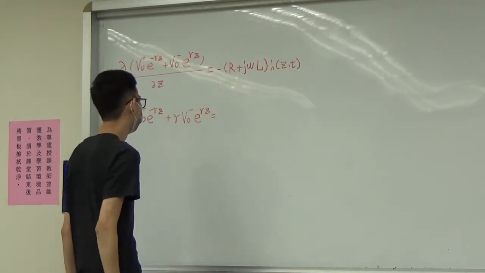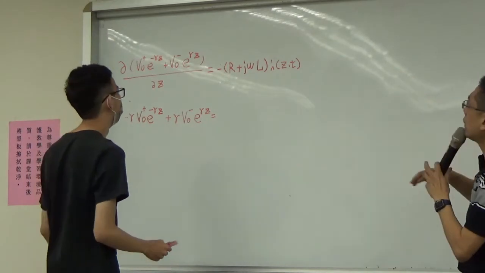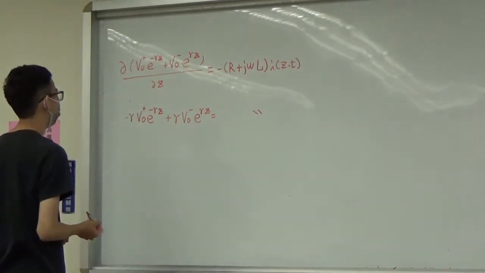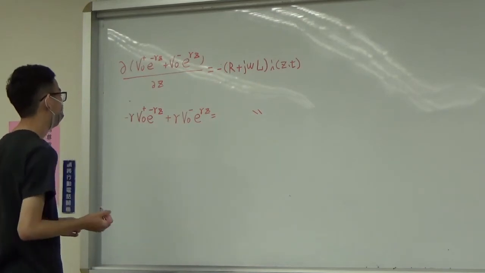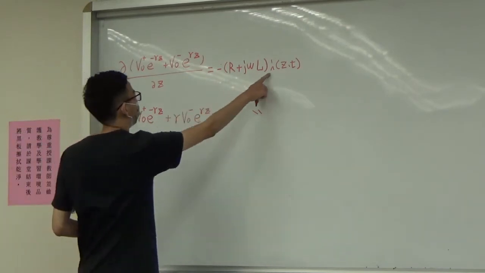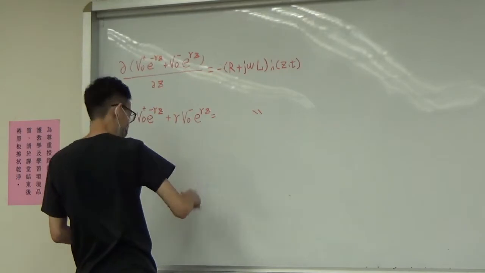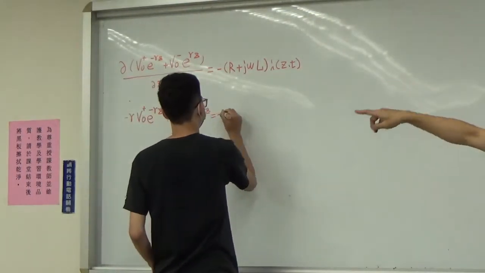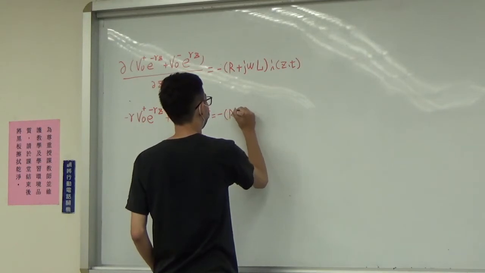Okay, just that's it. Then write down what I is. Just copy this one, but change the current to the result.